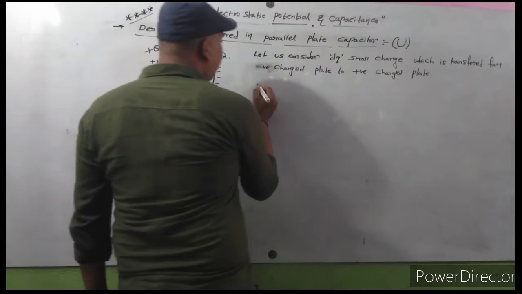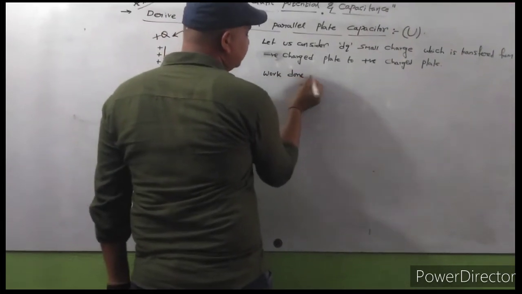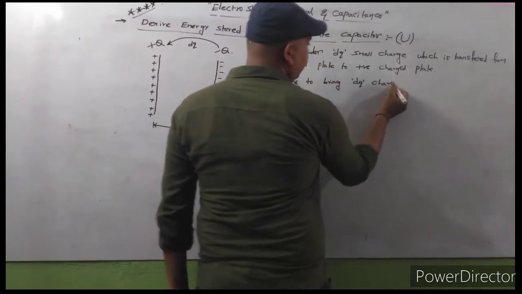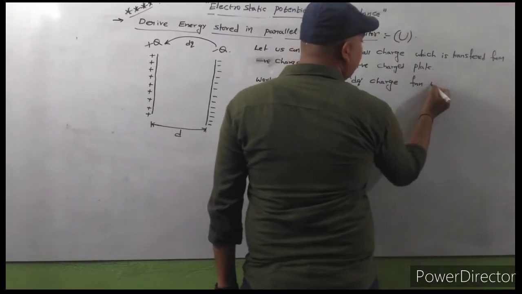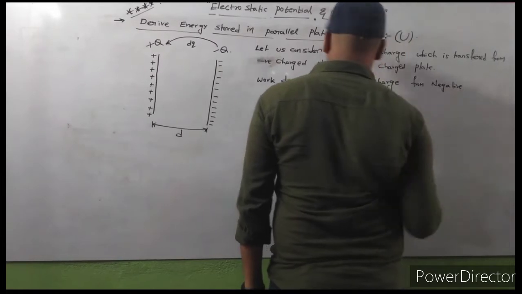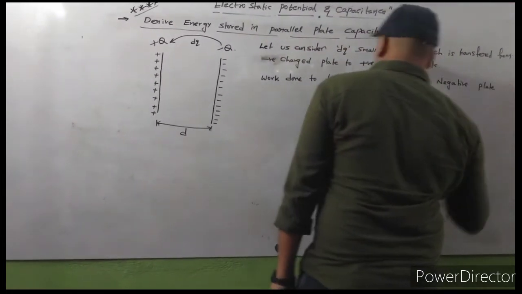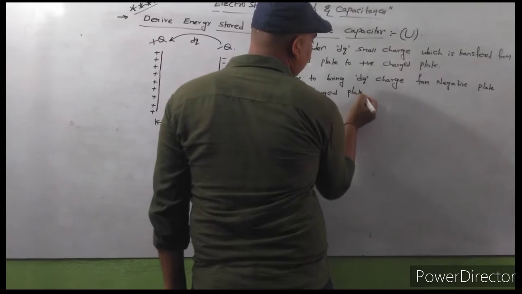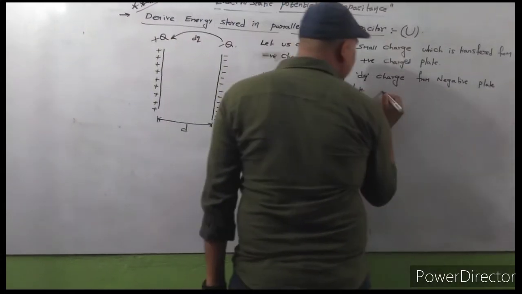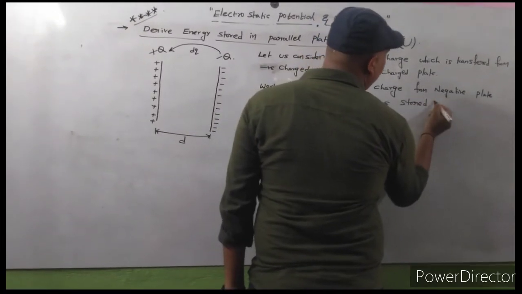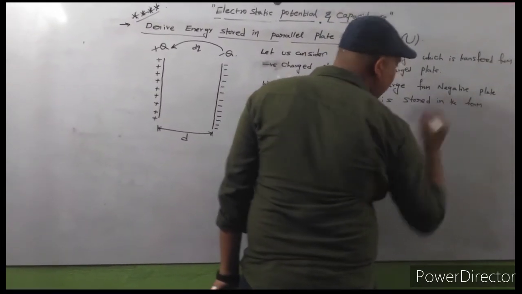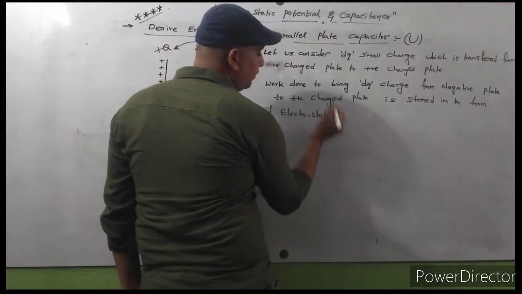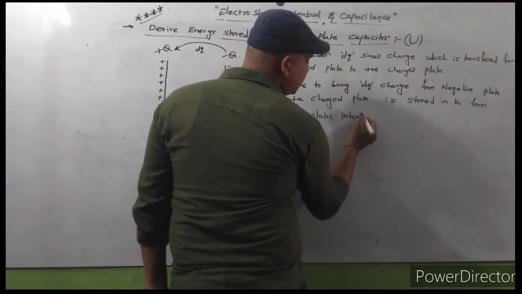So the work done to bring a dq charge from the negative plate to the positive charged plate is stored in the form of electrostatic potential energy.